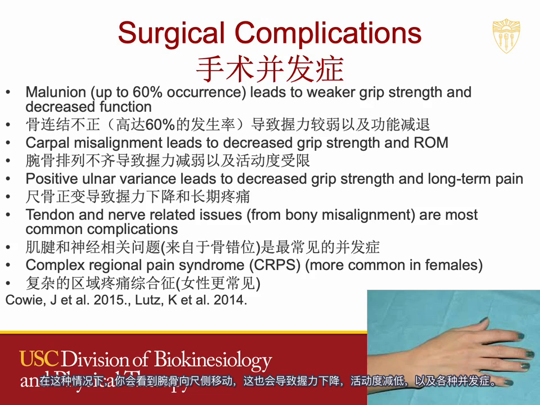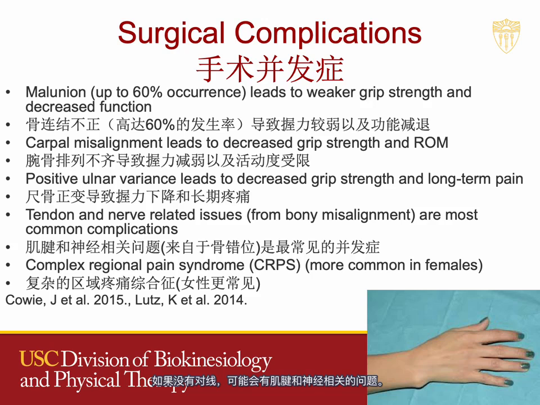That can also lead to decreased grip strength, decreased range of motion, lots of complications. So that alignment during the initial phase, especially after fracture, is really important. So we'll talk about that a little bit more.